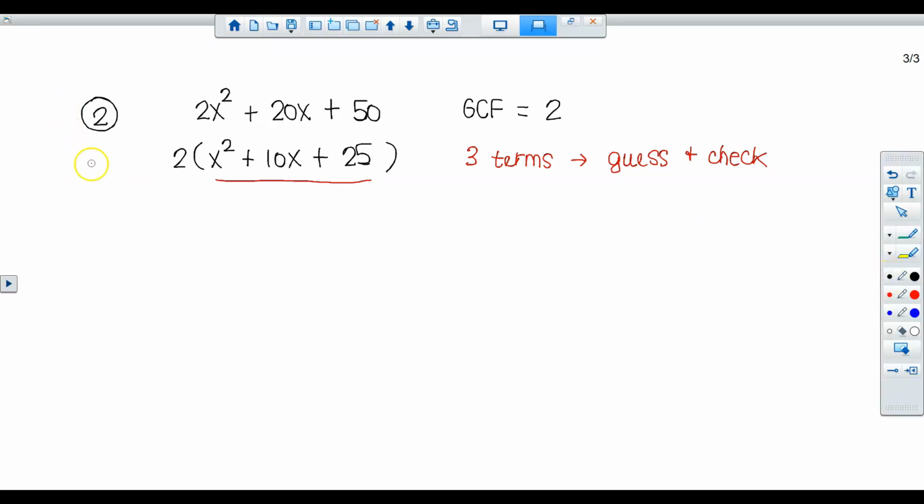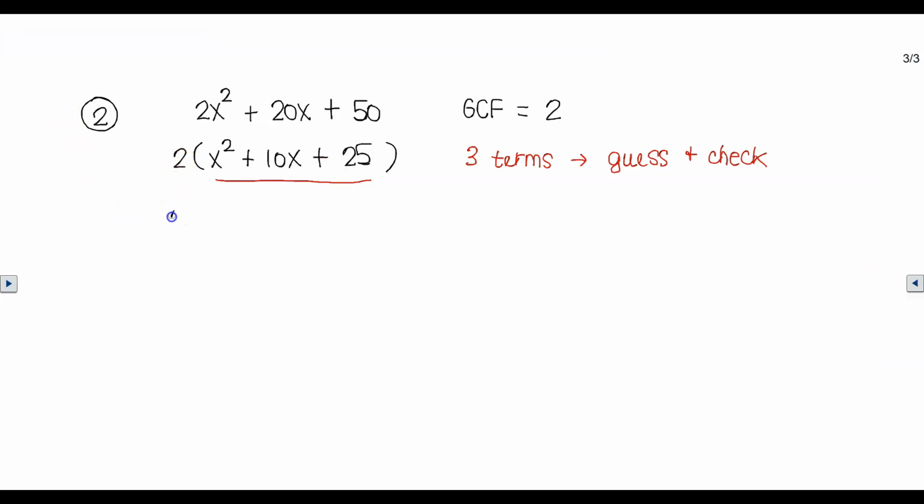All right, so let's give this a try. So notice, I'm going to start by bringing the 2 down to the next line. Don't lose your GCF. And then we're going to put our 2 sets of parentheses so we can guess and check. All right, so we'll start with x squared. What can we guess for x squared? Well, we know the only way to get that is an x times an x.